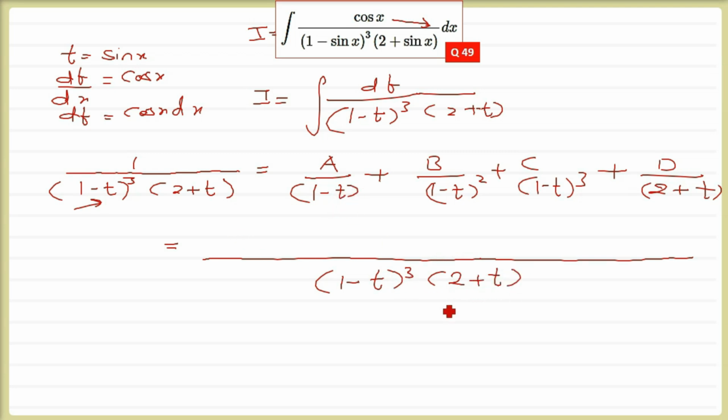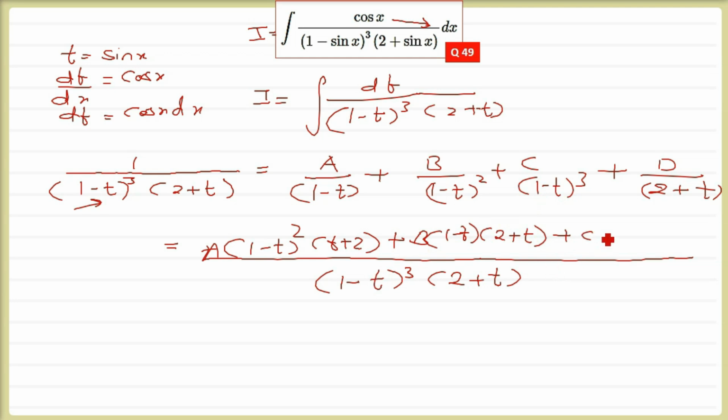So you already have a 1 minus t, so you'll have (1 minus t) whole square along with 2 plus t with a. I'm just showing you what will come with a, b, c, d, but I will strongly encourage you to find out this a, b, c, d yourself. I'll tell you the values and take you to that extent where a, b, c, d can be found out.